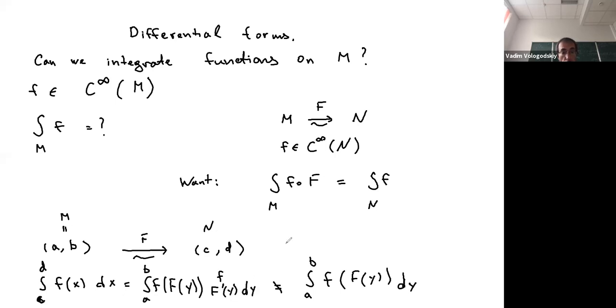This is true, provided that this map preserves orientation, which means that F of a is equal to c and F of b is equal to d.